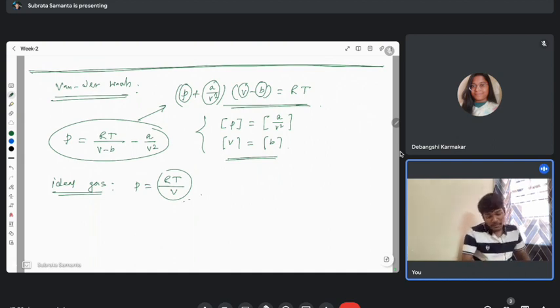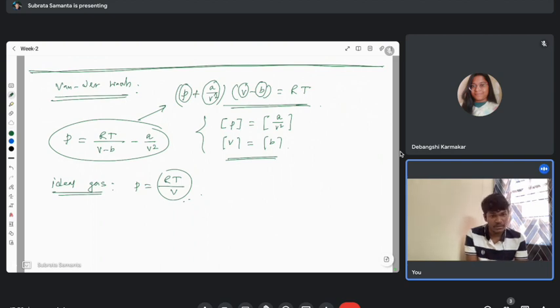If we consider molecules, they are not point-like objects; they have some structure, which means they acquire a volume B. So B has the same dimension as volume.